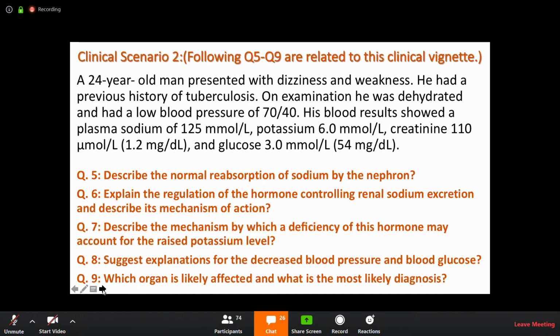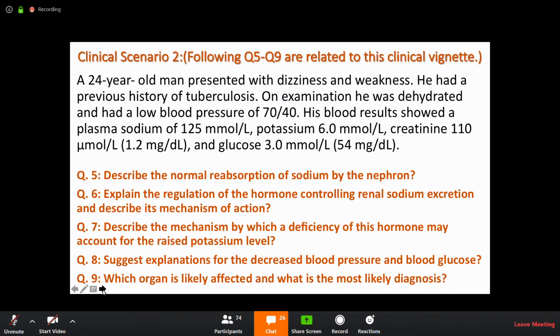There is another mechanism in the proximal tubule, which is sodium-hydrogen countertransport. These mechanisms make up the 70% absorption of sodium in the proximal tubule.